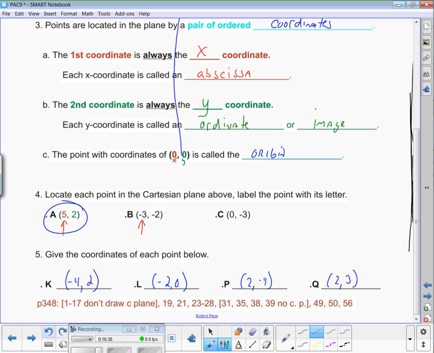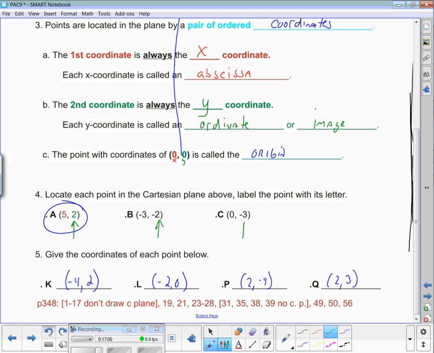Okay, those are the abscissas, right? If we were to name the ordinates, 2 is an ordinate, -2 is an ordinate, -3 is an ordinate, this 2 is an ordinate, 0 is an ordinate, -4 is an ordinate, and 3 is an ordinate.